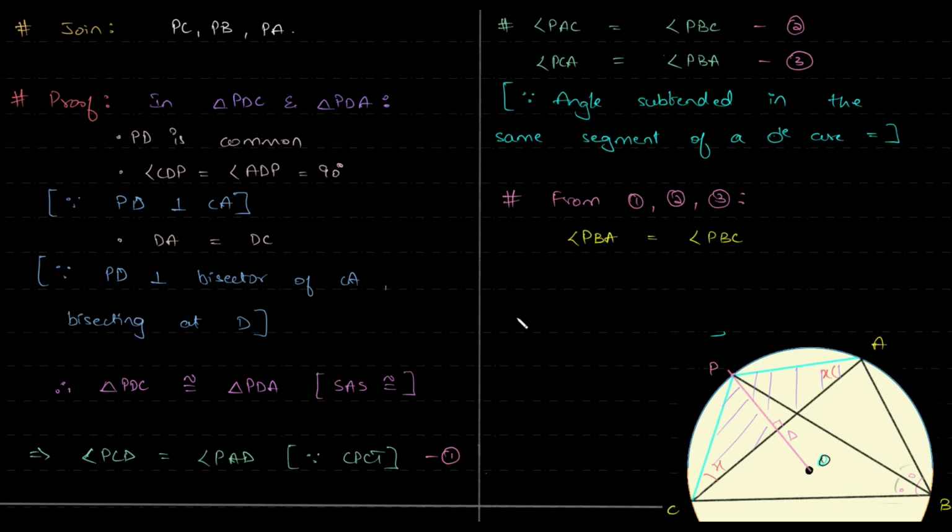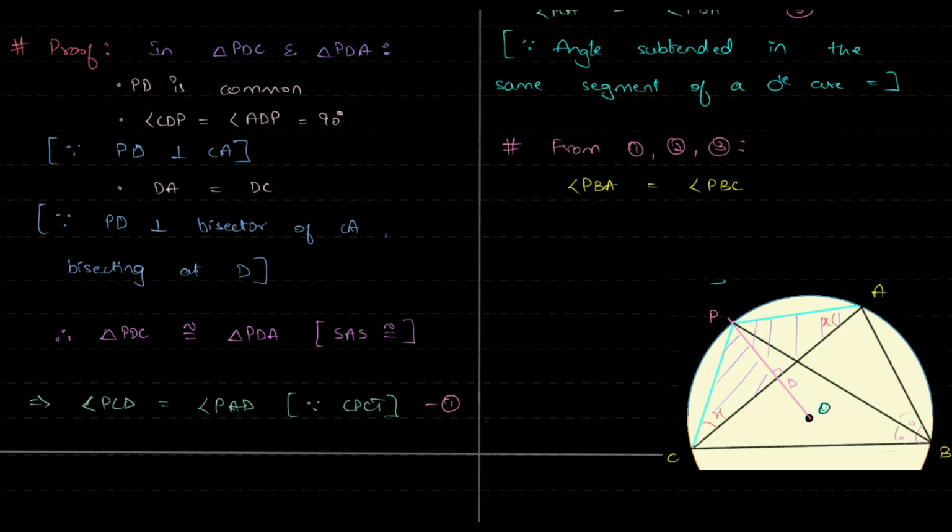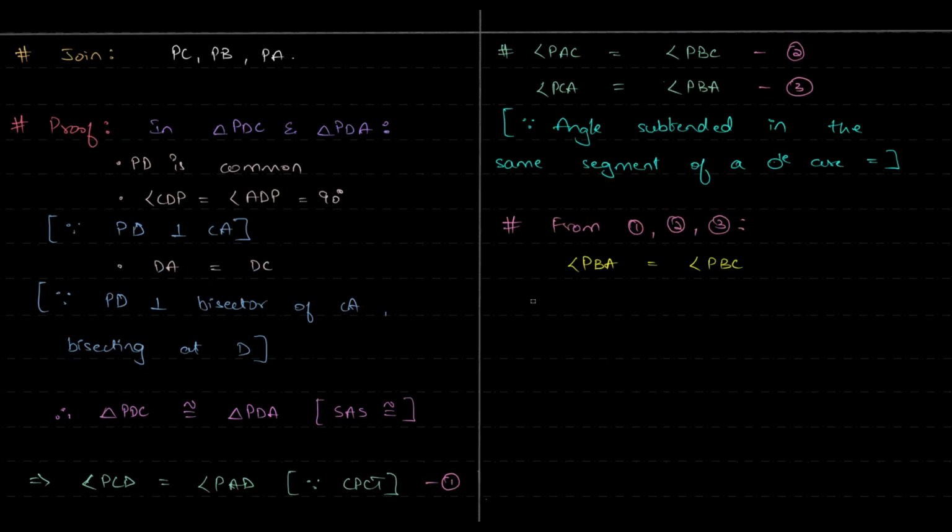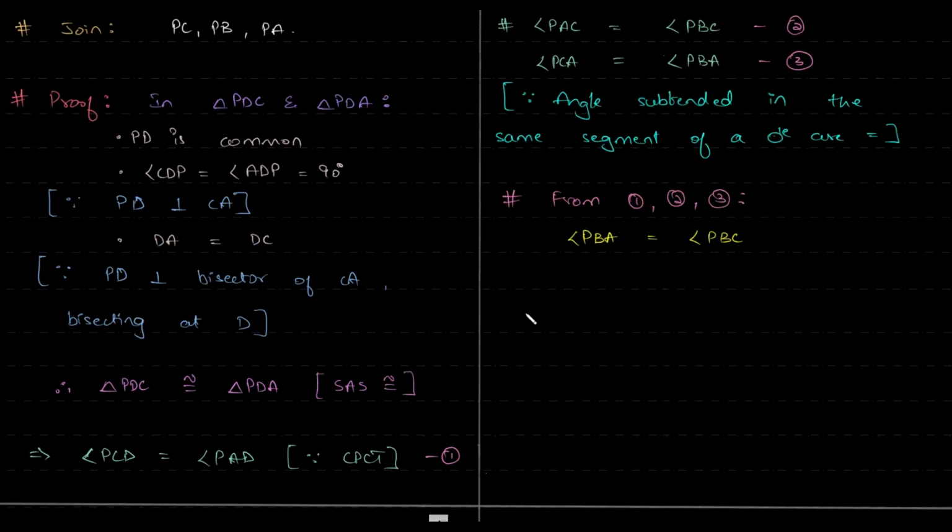Okay guys, and from this, what can we infer? We can conclude the following, and that is PB is an angular bisector of angle ABC, and thus the statement is proved.